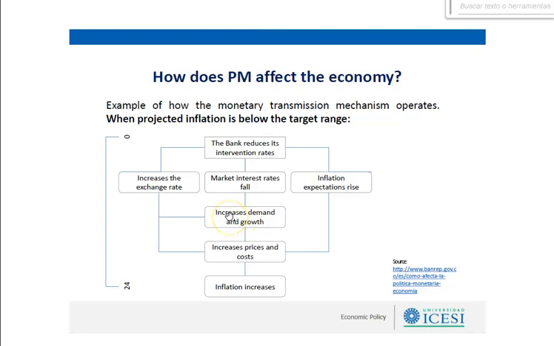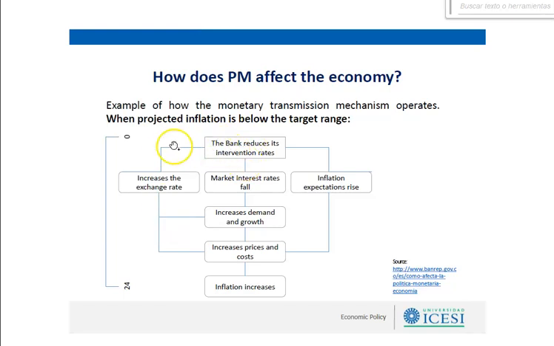Because the net exports will increase, because exports are more attractive, and then the demand increases. So this action of the central bank helps to boost the economy, right? If the demand increases, then prices and costs increase, and then inflation increases. Well, that's the first mechanism.